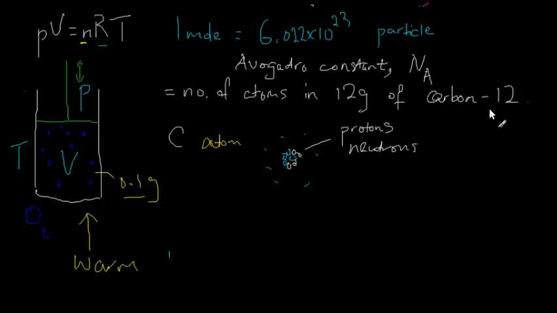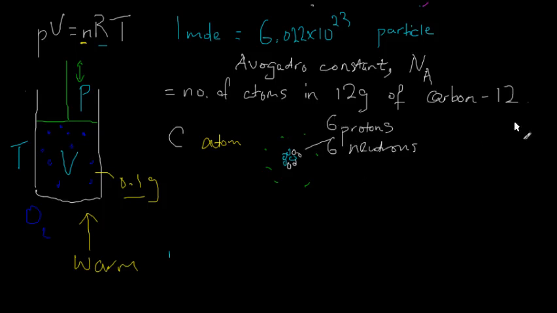The carbon 12 atom is an atom that has 6 protons and 6 neutrons. And the neutrons and protons have very nearly equal masses. So there are altogether 12 of these particles, and the 12 here is just the total number of them.